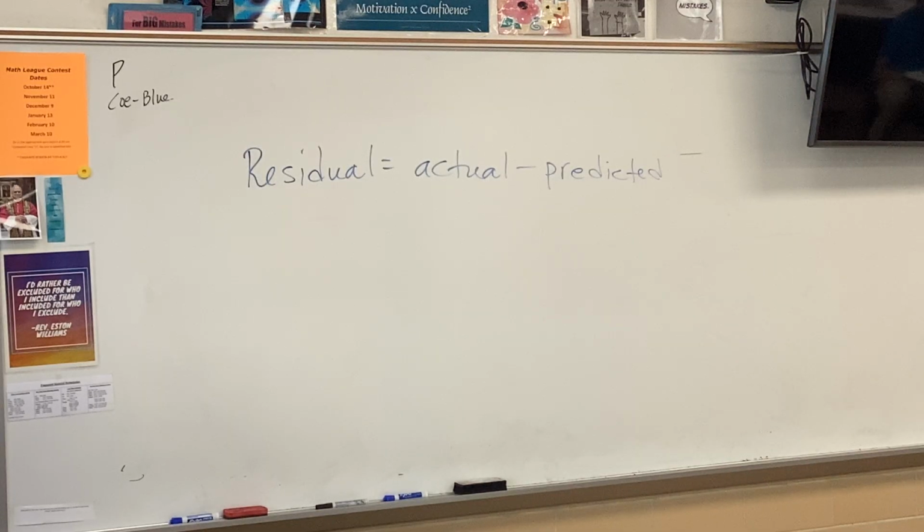With the cursor on the Y list line, press second stat. The last option is residual. Press enter, and it will put residual in for Y list. Now press zoom 9. I think it's 9. Yeah, zoom 9.